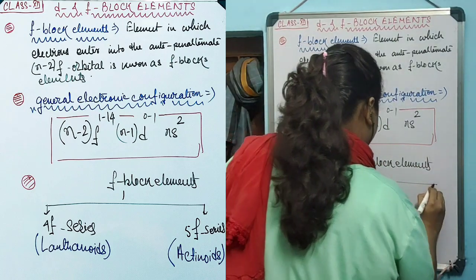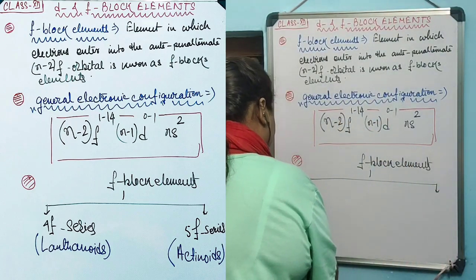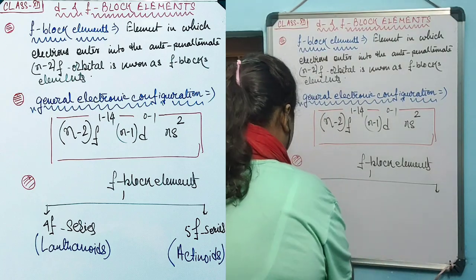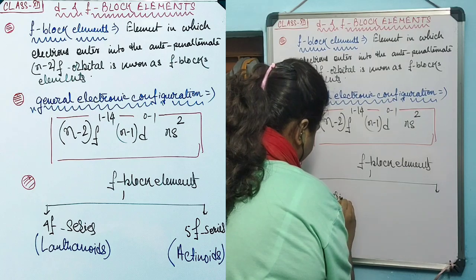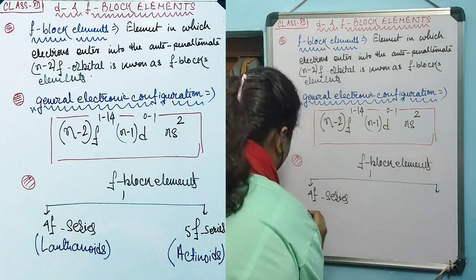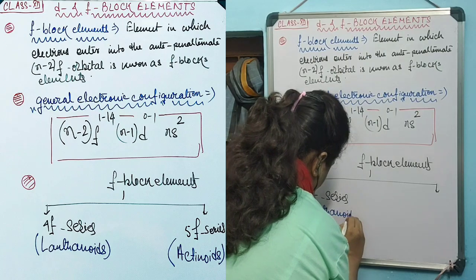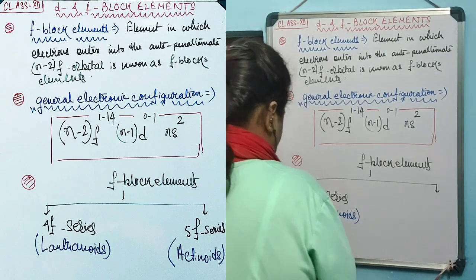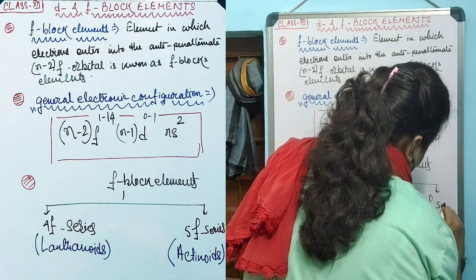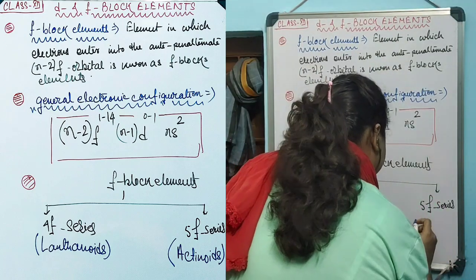The first series, the anti-penultimate shell is of 4f. That's why this series is known as the 4f series. In other words, this series is also known as the lanthanoid series. And the second one is the 5f series. In general terms, it is known as actinoids.